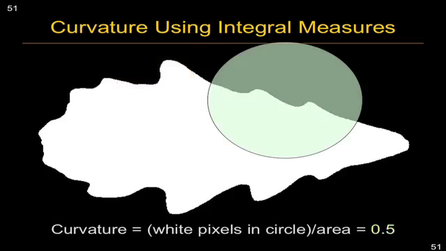By varying the size of this disk, we can vary the scale at which we're computing the curvature. If we're using a really big disk, pretty much half of that disk is going to be foreground and half will be background. So we can say that this is a pretty flat, straight surface at a coarse scale, whereas at a finer scale, we'd pick up the fact that parts of that boundary are very convex and parts are very concave.